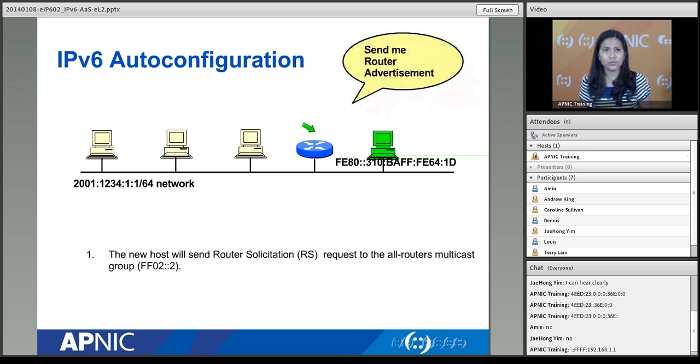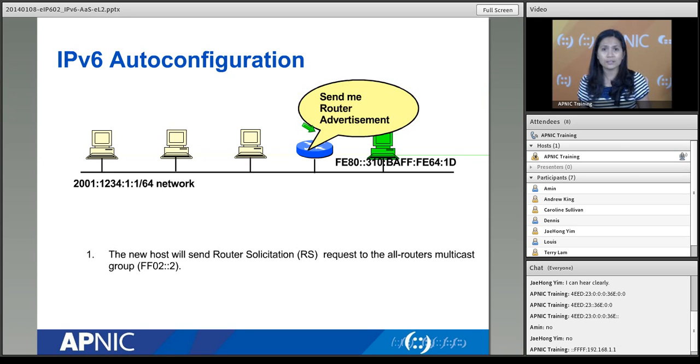So what you do, you send what you call a router solicitation message. It will be sent to a multicast group, but it's no longer the solicited node multicast group. It's now sending it to another multicast group, which is for all the routers. So all routers are listening here, and if one of them is advertising a prefix, you would know.